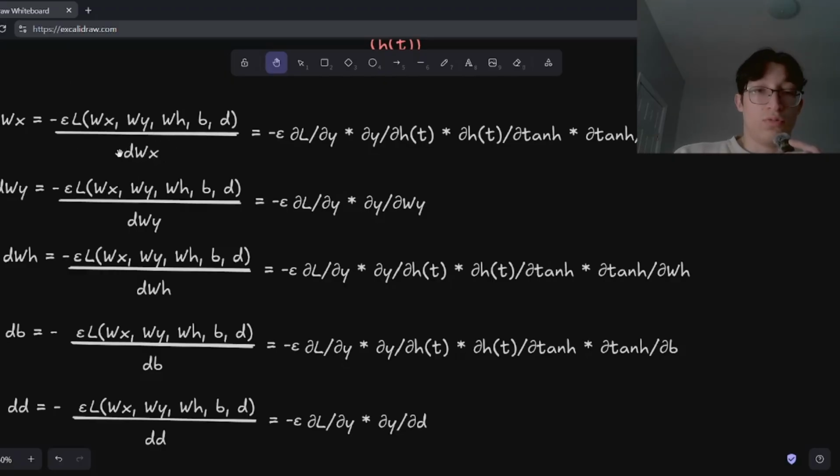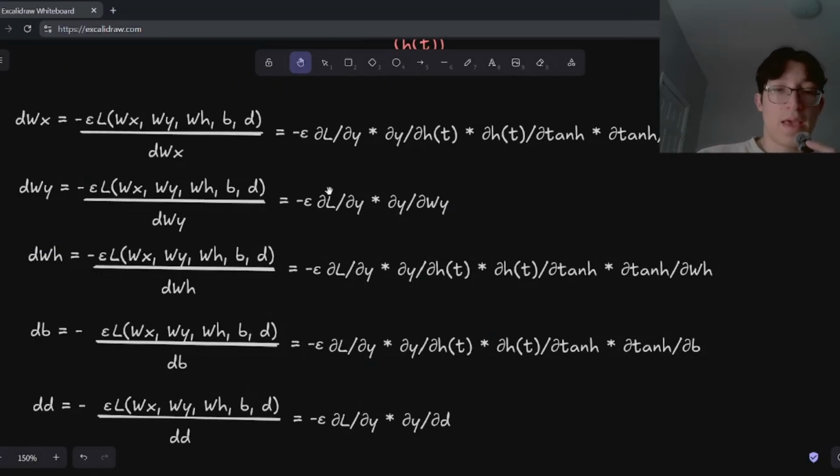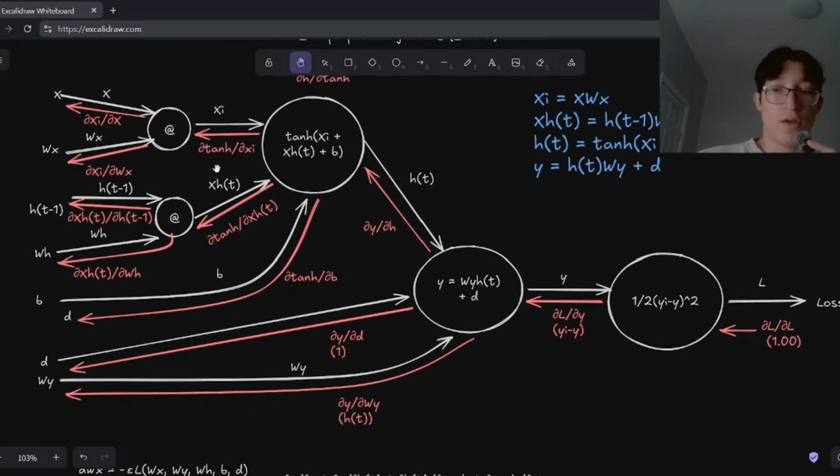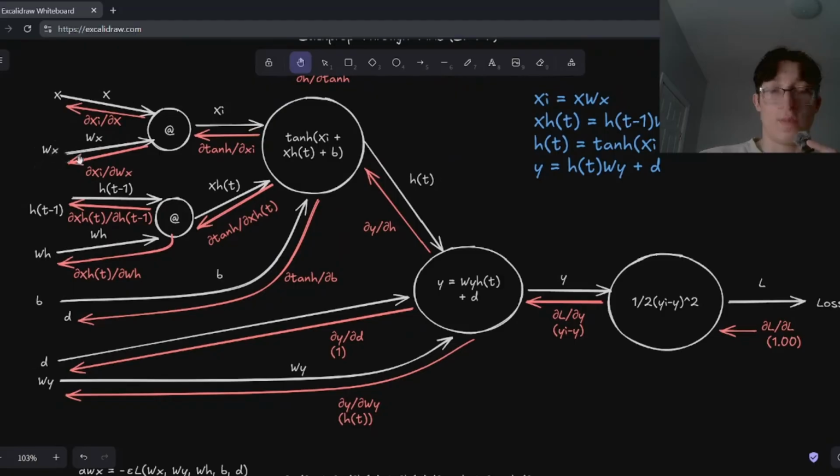This will show us how much the input weights actually affect the loss.